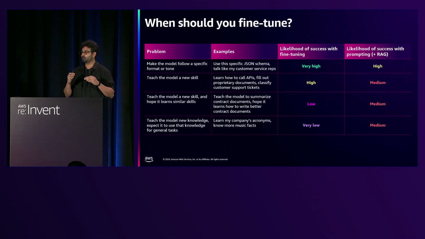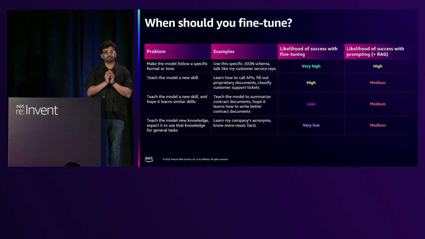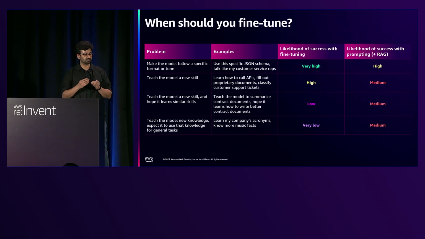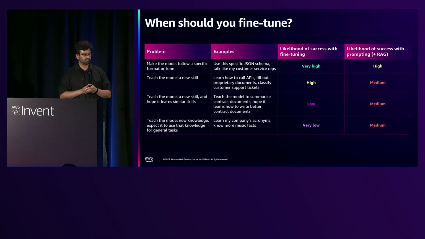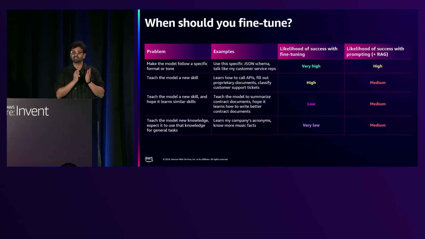Let's say the baseline model was not really great at text to SQL, but now you want it to be really great at text to SQL. Then that's where fine-tuning does really well as well, right? Because this is outside the domain of expertise of the base model, and that's where you should seriously consider fine-tuning.